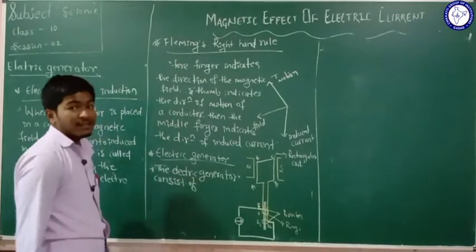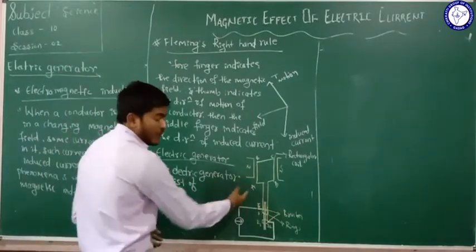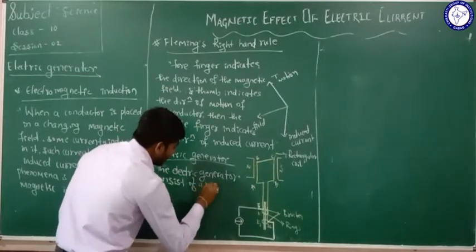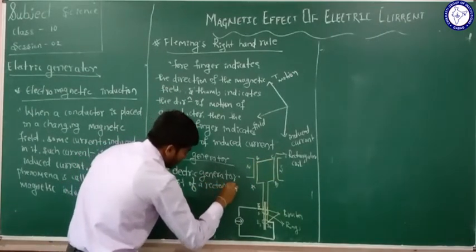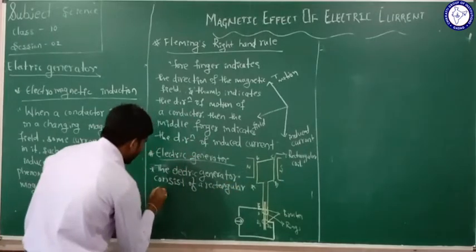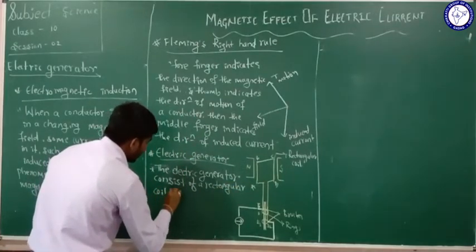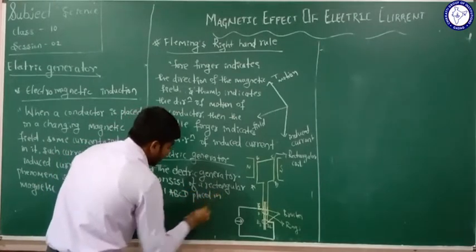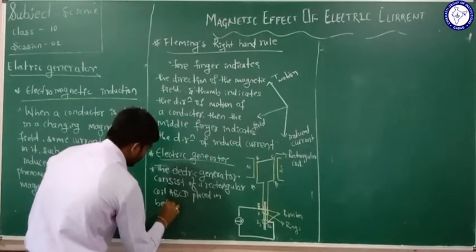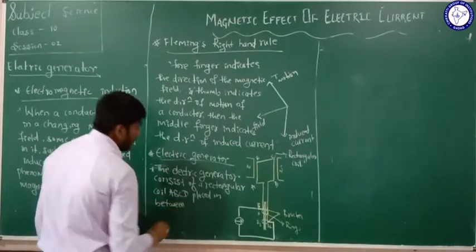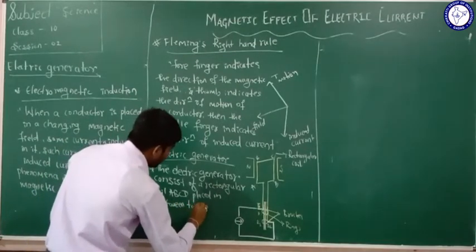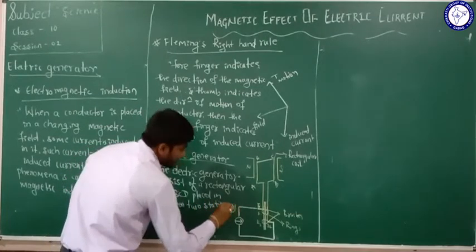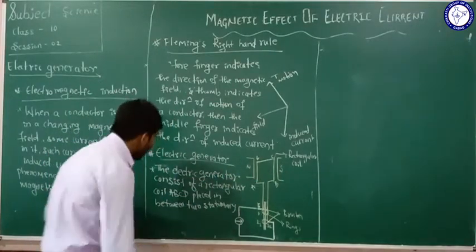The electric generator consists of a rectangular coil ABCD placed in between two stationary magnets.